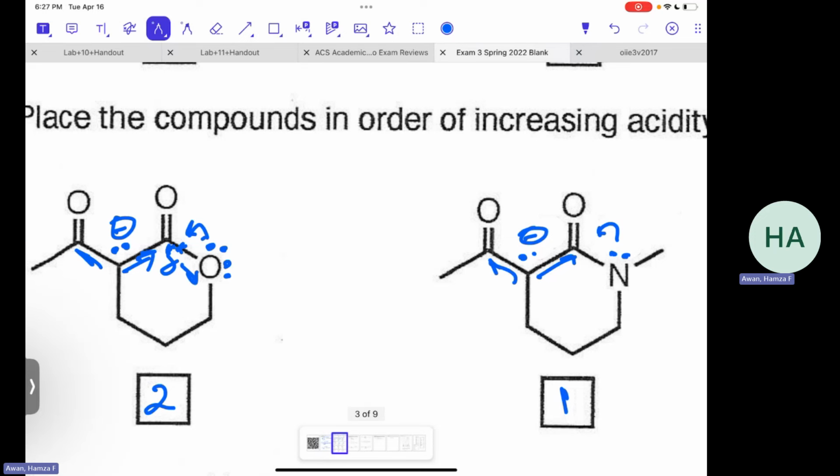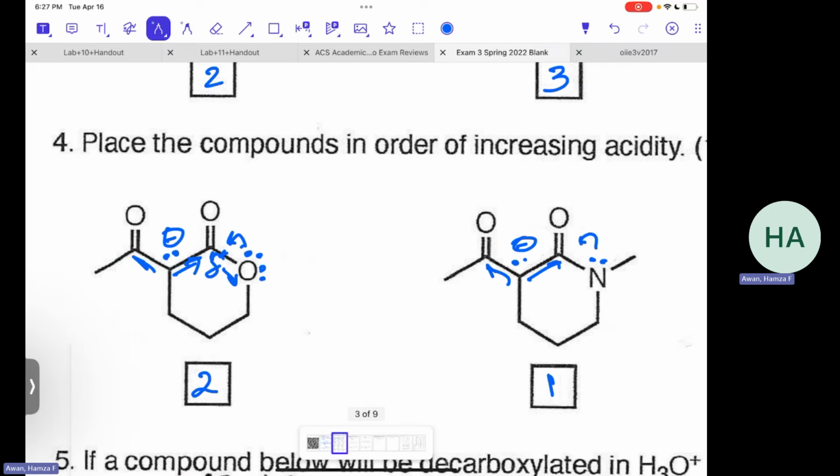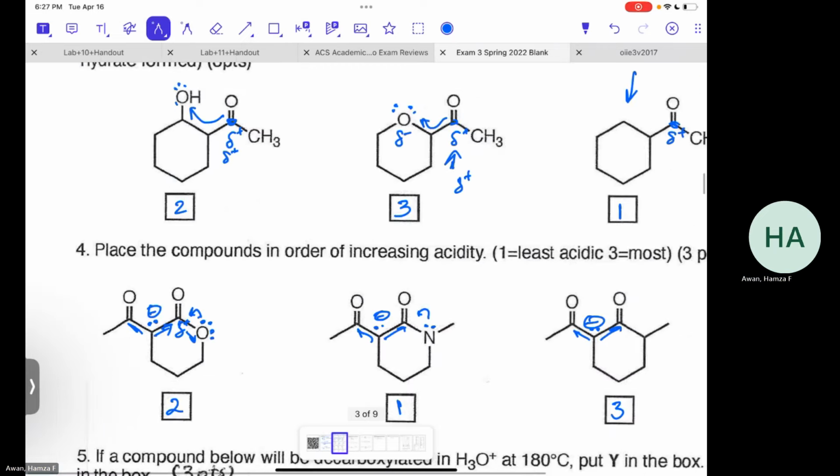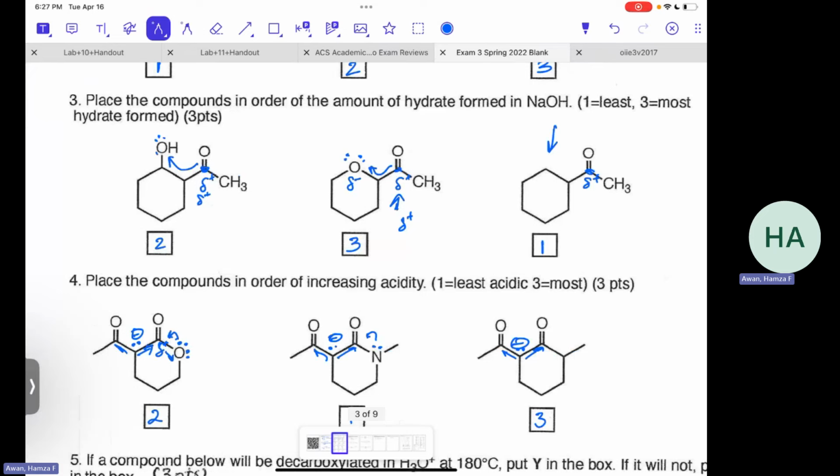I've seen problems where, between stable leaving groups, sometimes it's a reaction point, like yesterday, 2017.